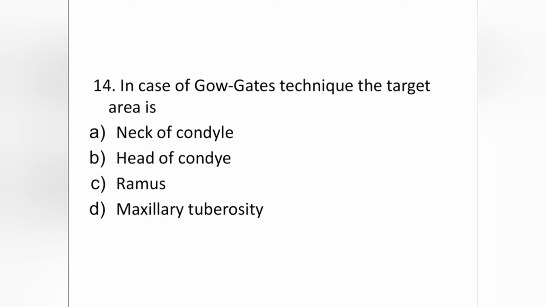Next, in case of Gow-Gates technique, the target area is, this is also a very important question. What is the target area of Gow-Gates technique? Neck of condyle, head of condyle, ramus of the mandible, maxillary tuberosity. The answer is neck of condyle.